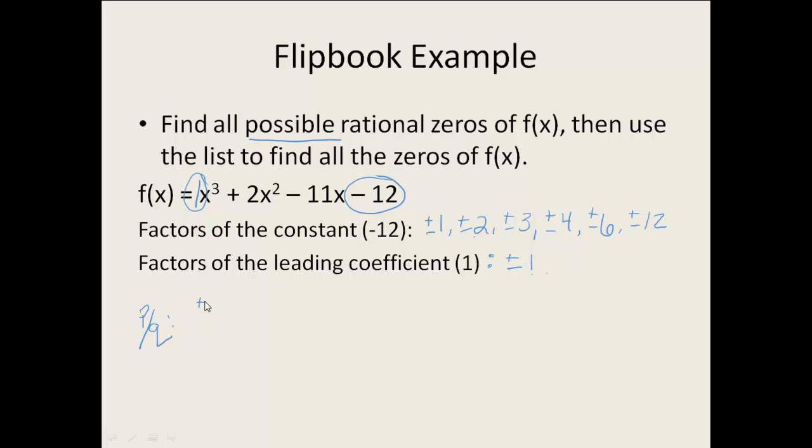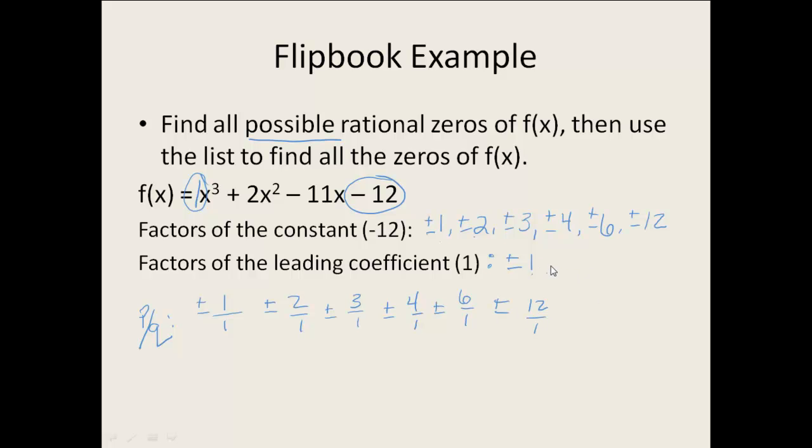When I do that, I'm going to end up with plus or minus 1 over 1, plus or minus 2 over 1, plus or minus 3 over 1, plus or minus 4 over 1, plus or minus 6 over 1, and plus or minus 12 over 1.